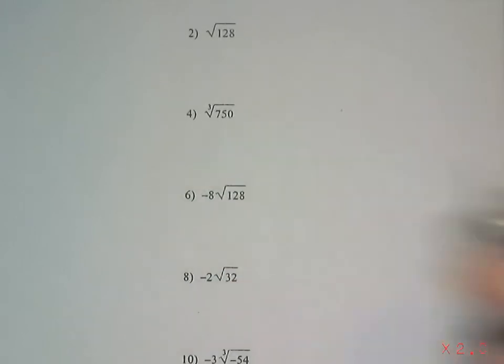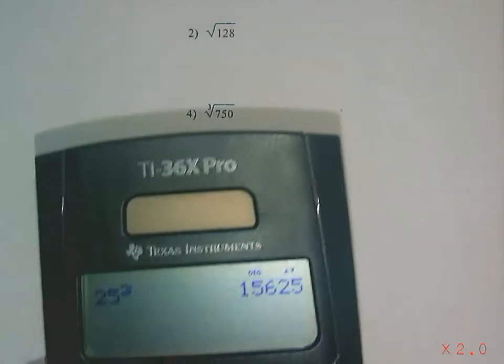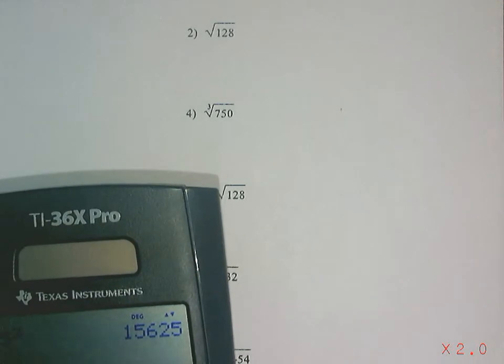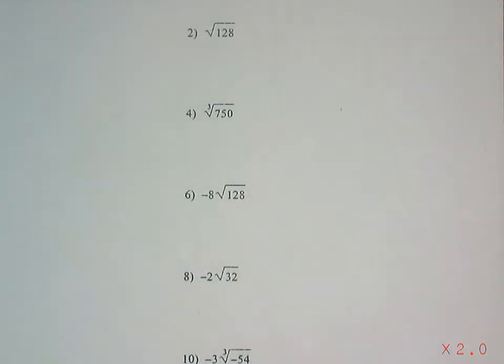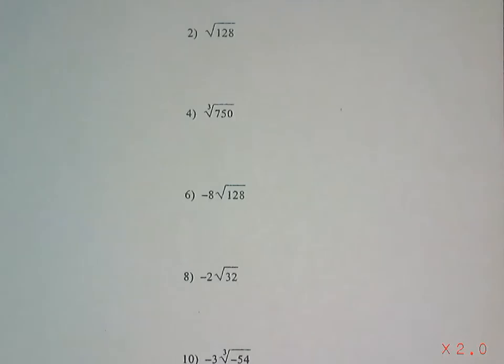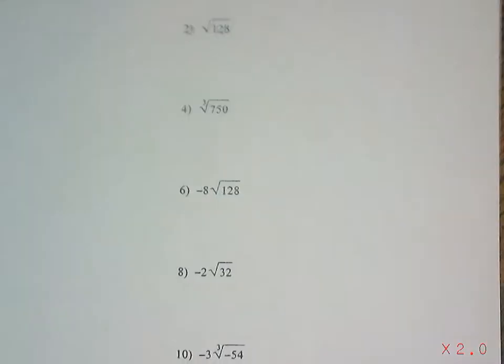So let's try 25. 25 times itself 3 times is 15,000. Oh, no, not even close. So 5 times itself 3 times, what was I thinking? Skipping to 25. 5 times itself is 125.